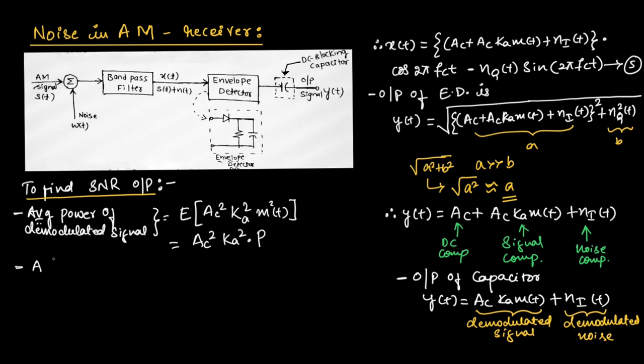Then the average power of this demodulated noise is twice the average power of the input noise, which is 2 N naught W. Then the output SNR is found by dividing the average power of the demodulated signal by the average power of the noise.